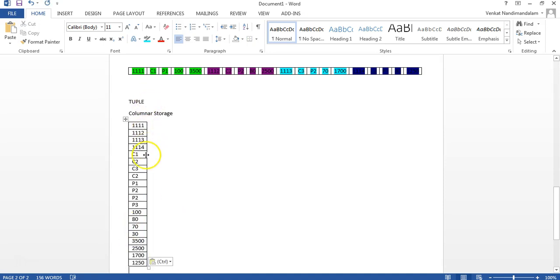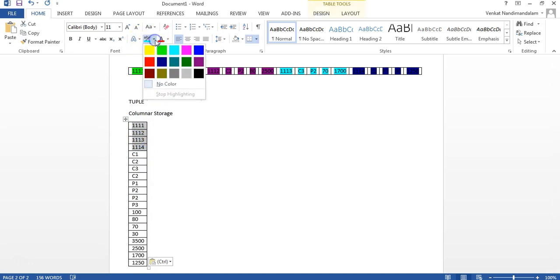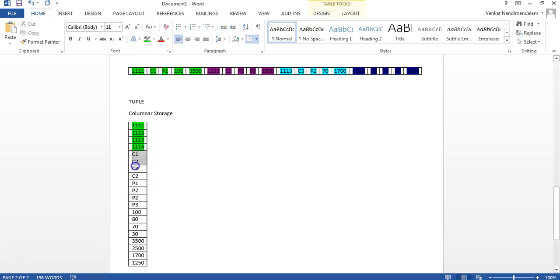So in this, this is one tuple, and this is the next one, and the third one, the fourth, and the fifth.